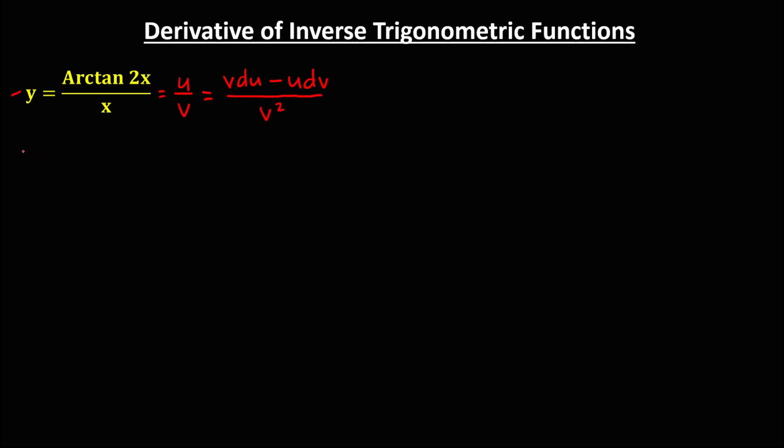From this given, u equals arctan 2x, or the inverse tangent of 2x.